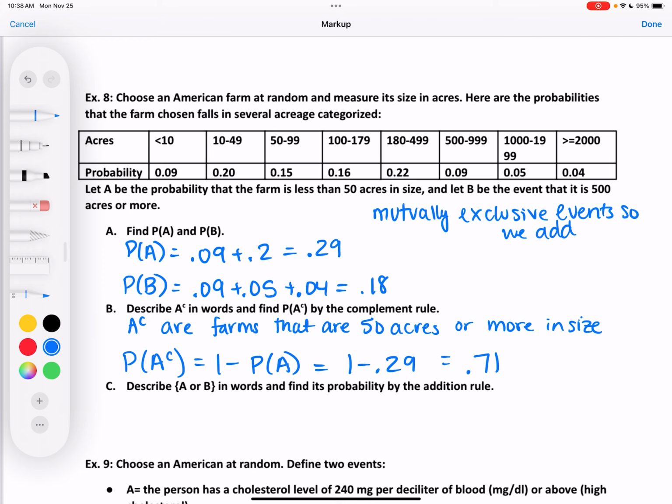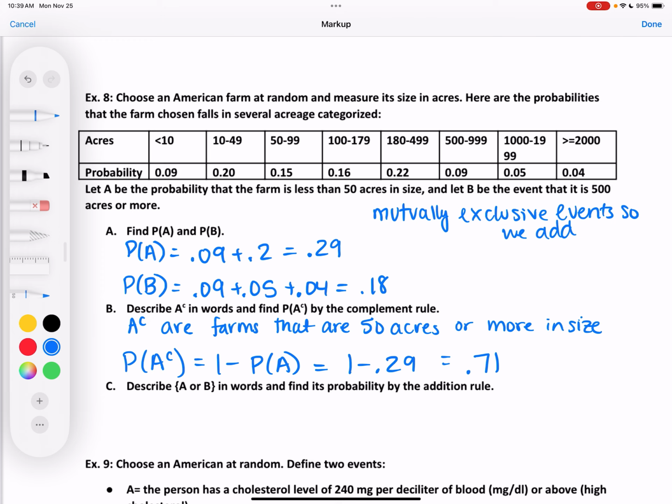So then in words, describe what A or B means, like the probability of A or B, in the context of this problem. What farms would that be including?